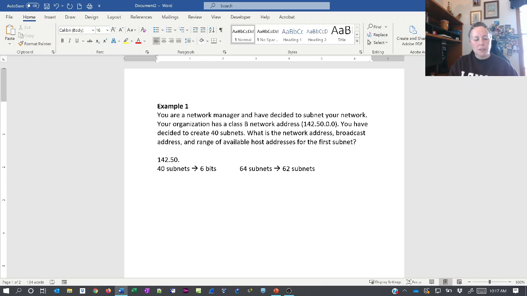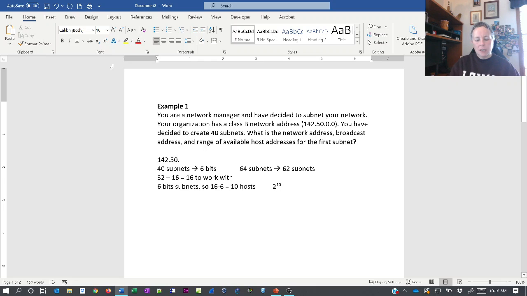I'm using 6 bits. I have 32 bits in my address. 16 bits are already assigned to the network portion, so that means I have 16 bits to work with. I'm using 6 bits for subnets. So 16 minus those 6 bits gives me 10 bits for my host addresses. And then again, we do 2 to the 10 in this case.